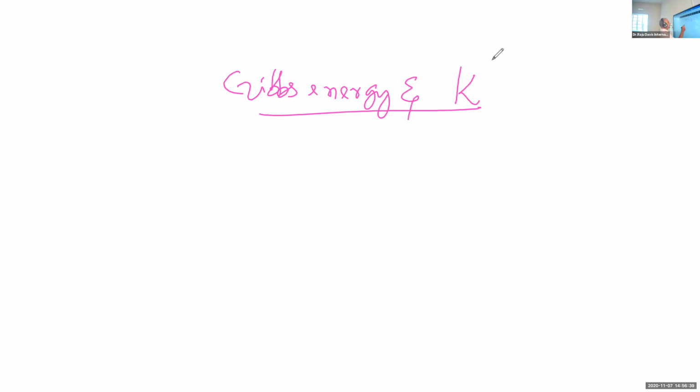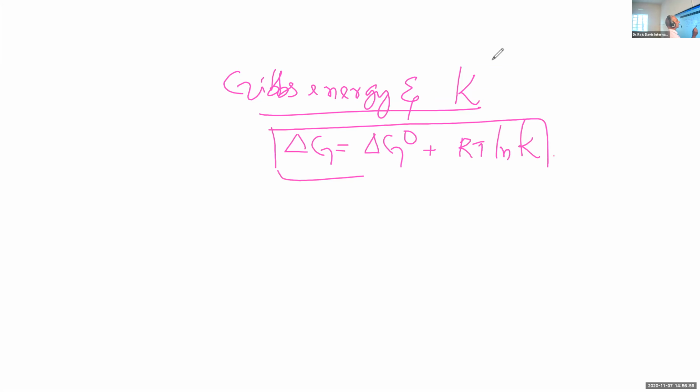See, the relation is this: delta G is equal to delta G0 plus RT ln K. That is the relation. Delta G is equal to delta G0 plus RT ln K, where ln is the natural logarithm.